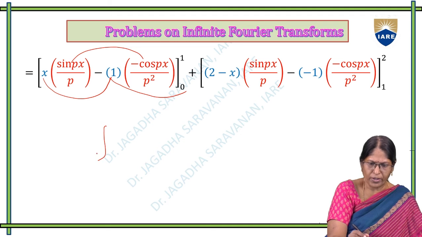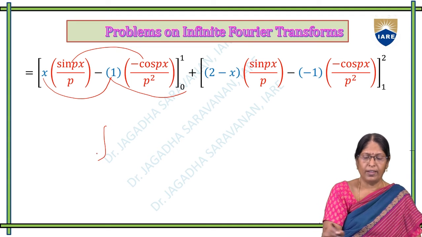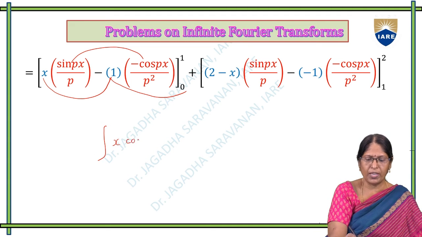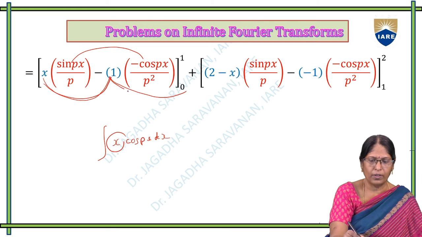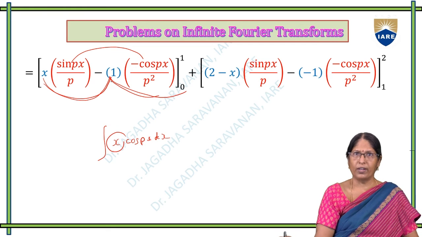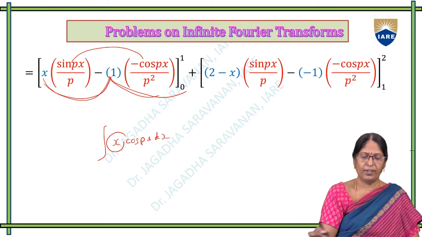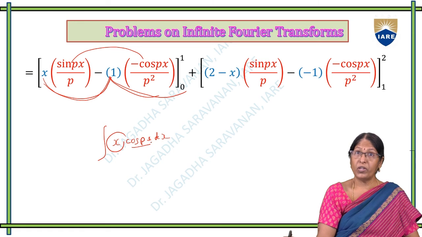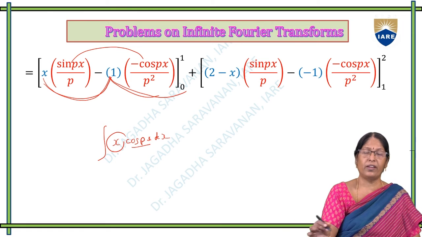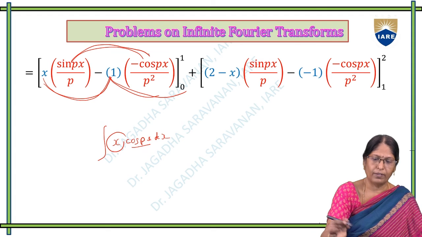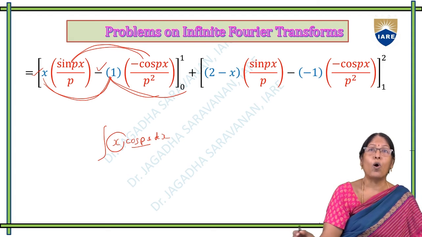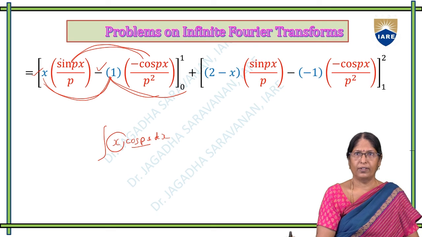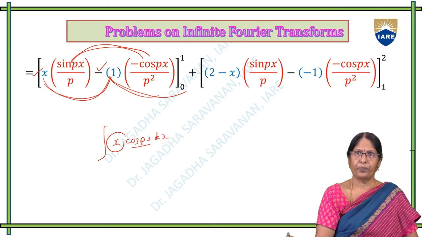So our question, the first integral, x cos px: the algebraic part is in blue color, the differentiation. The trigonometric one, we integrate and put it. The middle signs will be alternating signs, 0 to 1.